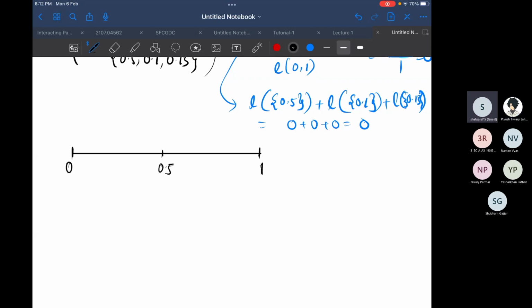I want to see the probability of the event where I break the stick at 0.5. So I take the probability measure approach, and I am trying to take the interval in which 0.5 lies. I am taking 0.4 to 0.9.